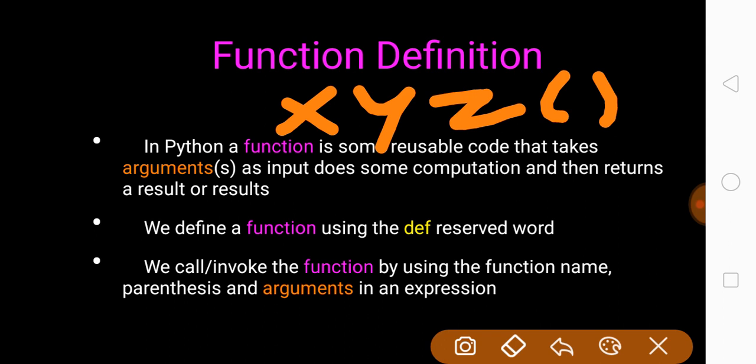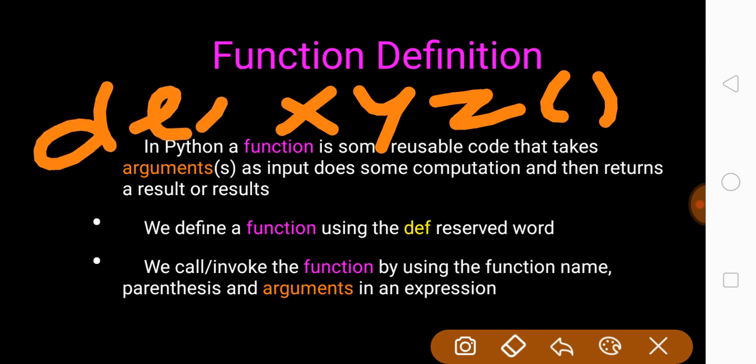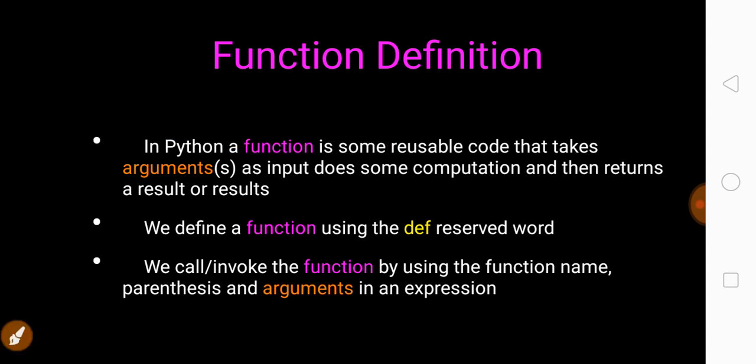And if you want to define a function, we must use def. Getting my point? So there is a difference between calling and defining. To define a function we use the word def, and to call a function we just use that function name.